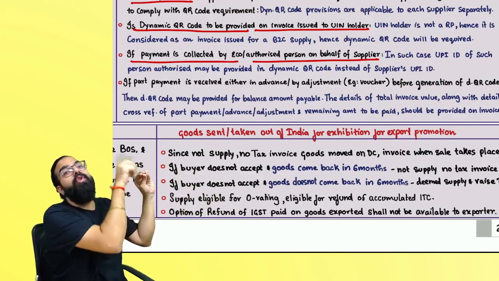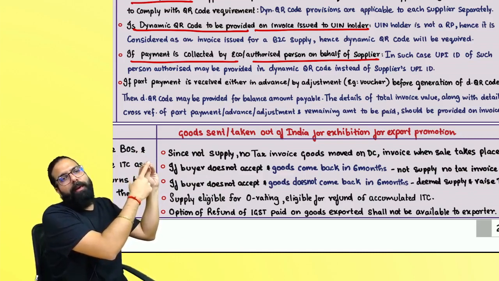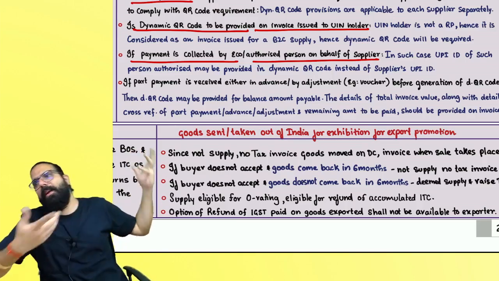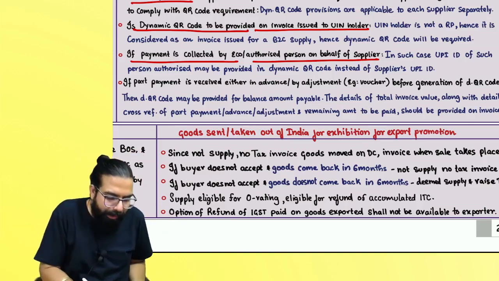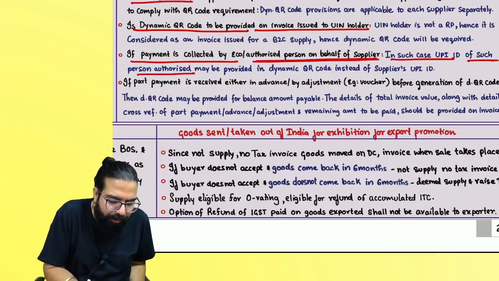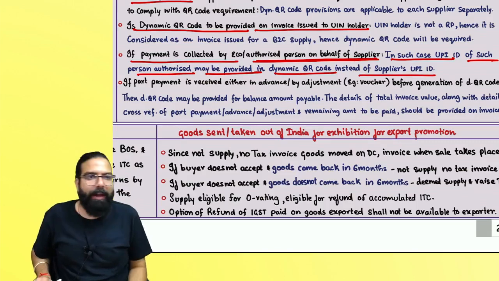Flipkart. So whose UPI ID should be put? The government told, please put the UPI ID of the person who is authorized to collect. Basically Flipkart's UPI ID will be put. Flipkart will collect the amount, deduct TCS and then make the payment to you. It says if payment is collected by the e-commerce operator or person authorized, in such case the UPI ID of such person authorized may be provided in the dynamic QR code instead of the supplier's UPI ID.